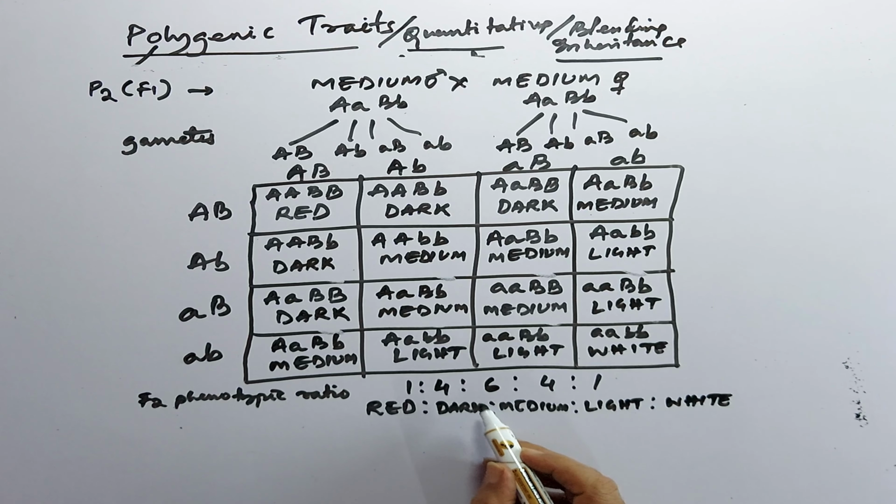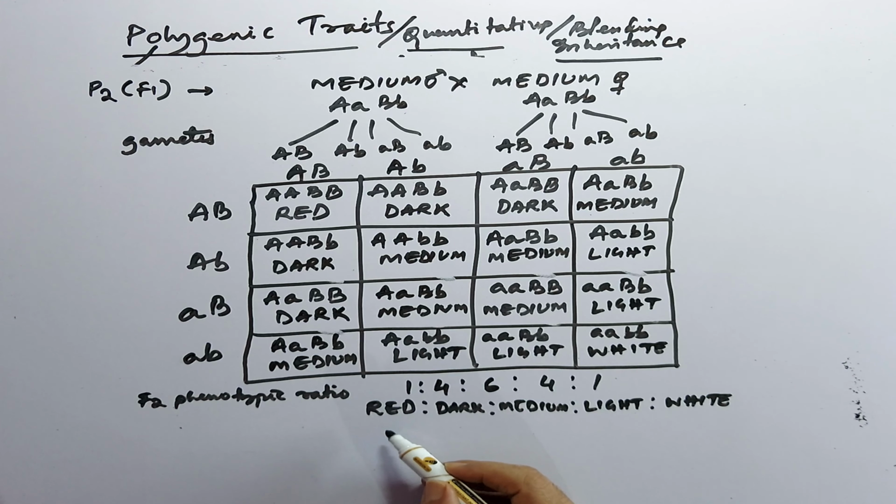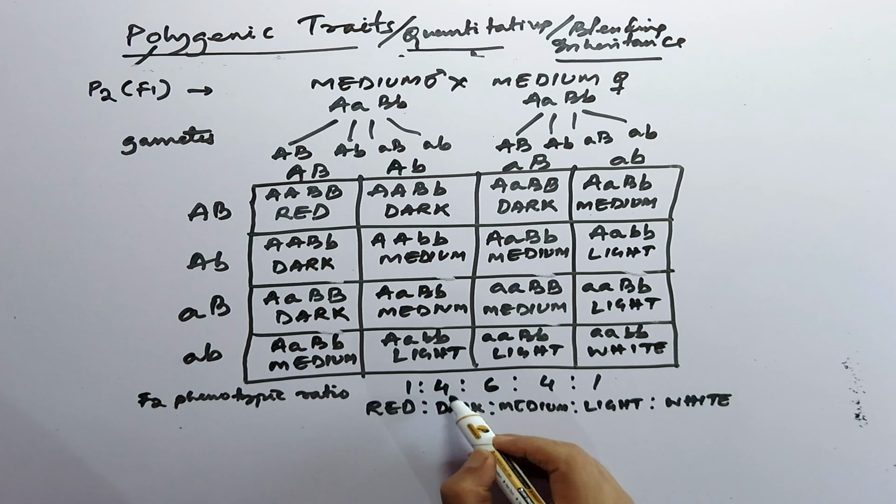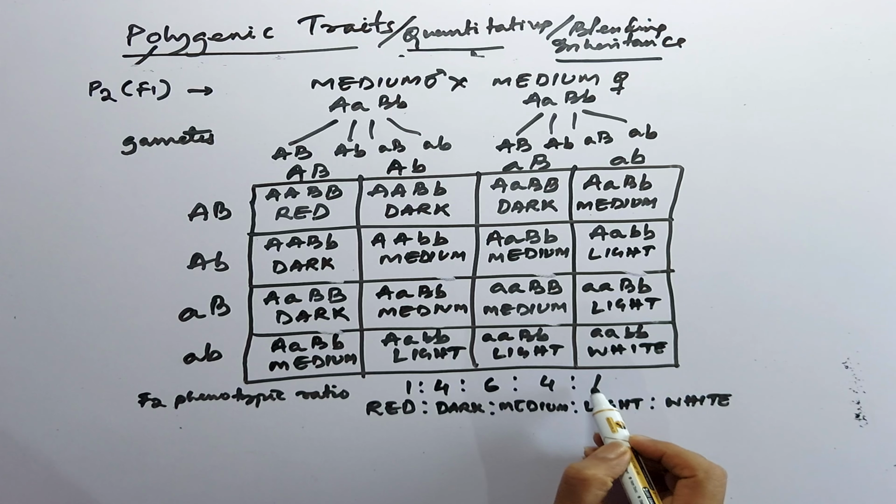So this is the deviation from Mendel's dihybrid cross. What we have found in Mendel is 9:3:3:1, but here this is the deviation, so we cannot get that ratio. We will get 1:4:6:4:1.